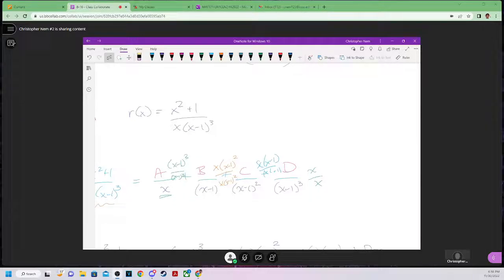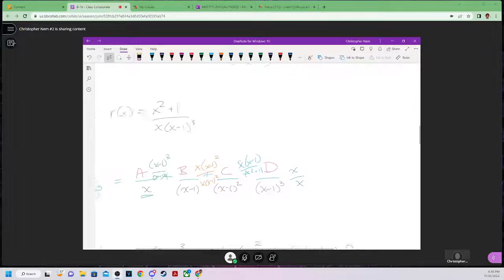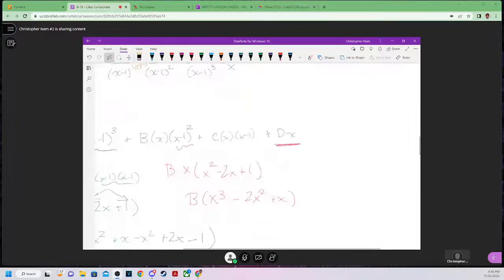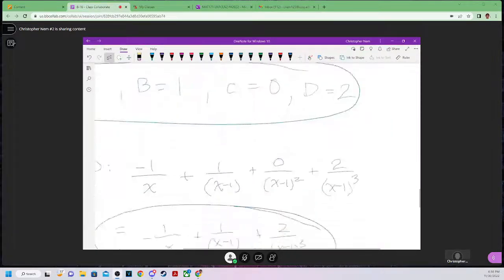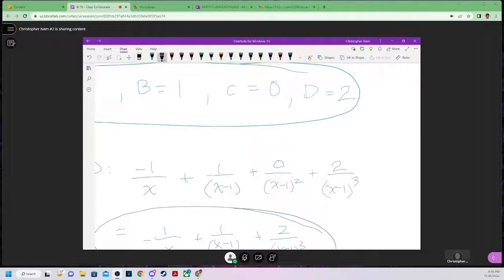Does it have a variable attached to it? No. That means if I have a linear factor and a constant numerator, I am going down an exponent, because I have x to the 0 power. So if I look at my solution here, these are all linear: x to the first power, x to the first power, x to the first power, x to the first power.